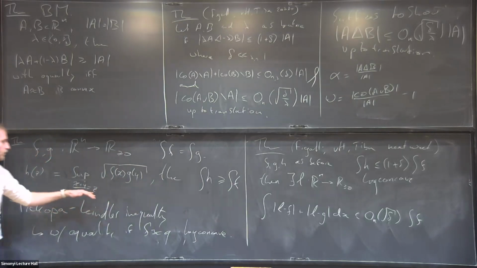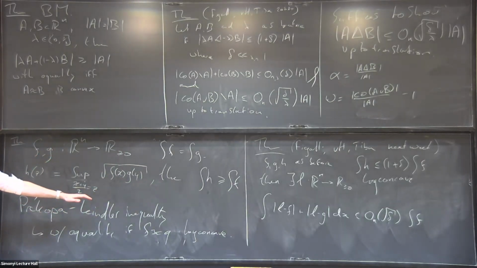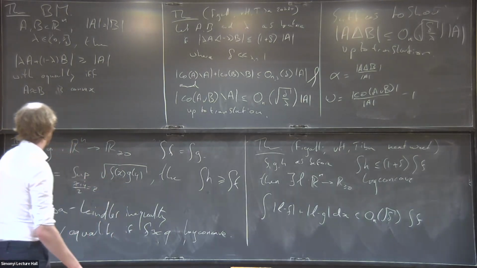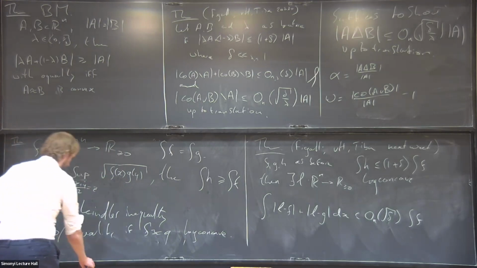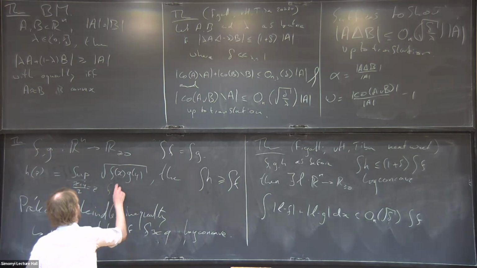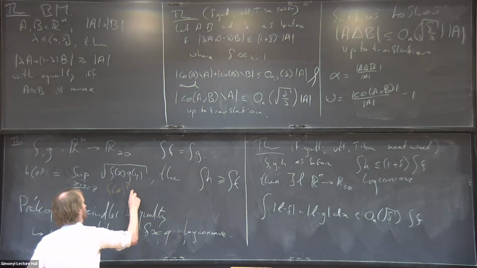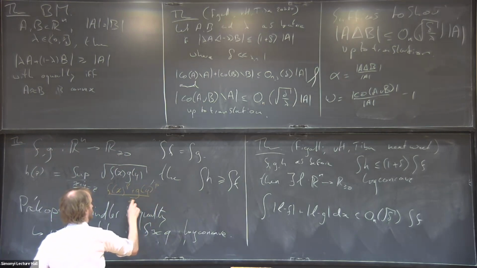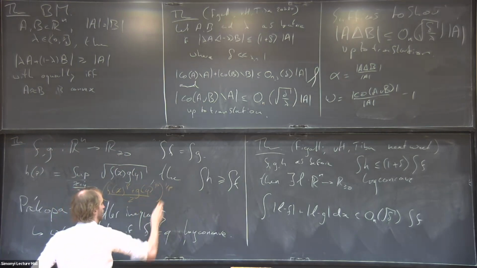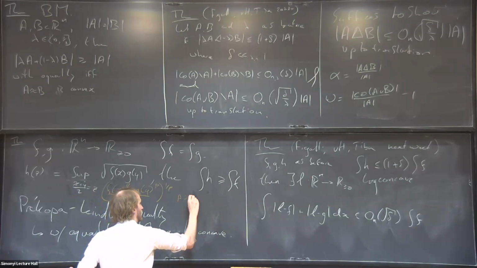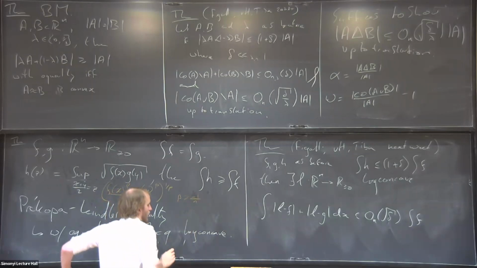You can actually put a weaker lower bound on h. So rather than taking the supremum of the square root, I can replace this square root bound by the following bound. Let's take f of x to the power p, plus g of y to the power p, over 2, to the power 1 over p, as long as I demand that p is at least minus 1 over n.